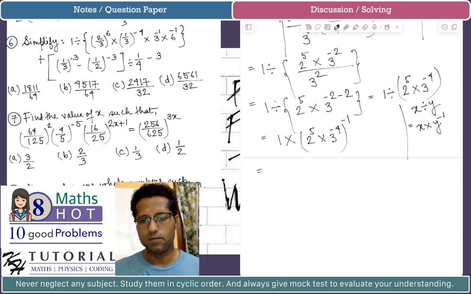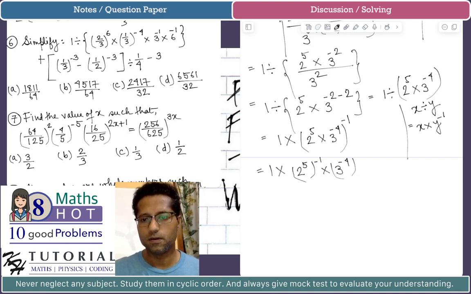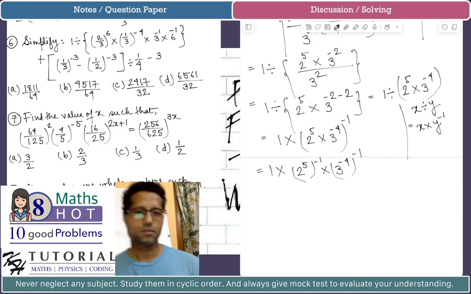So this now becomes 1 multiplied by 2 to the power 5 raised to the power minus 1 multiplied by 3 to the power minus 4 raised to the power minus 1.